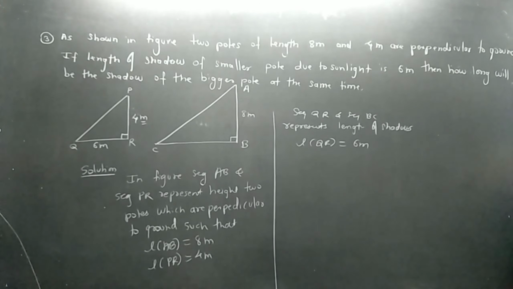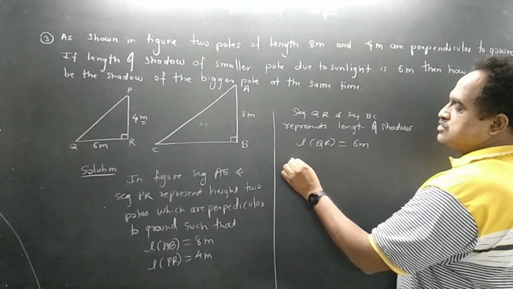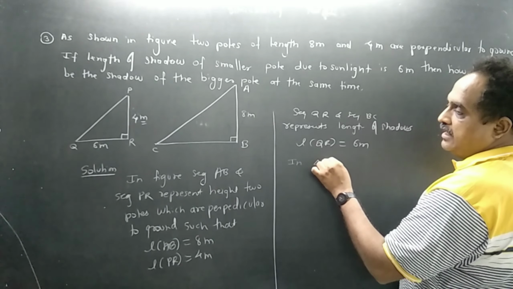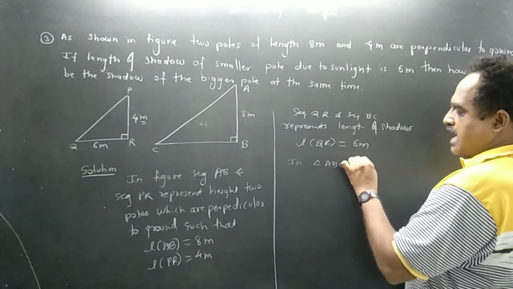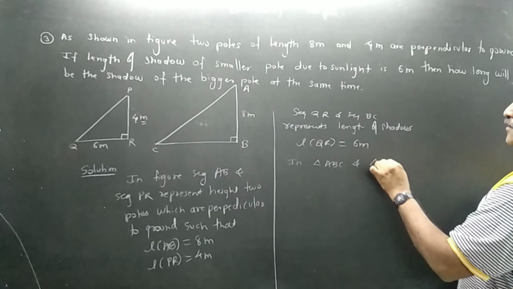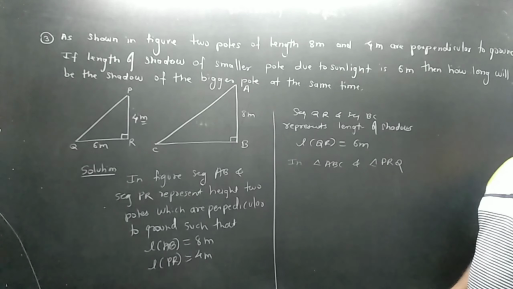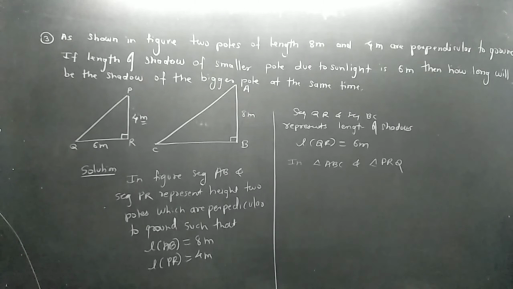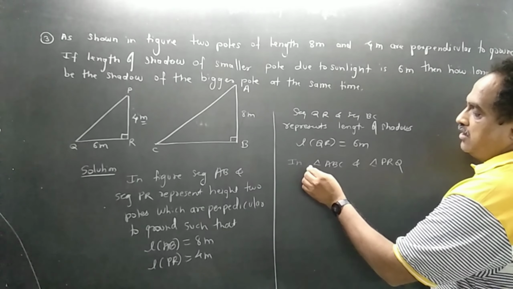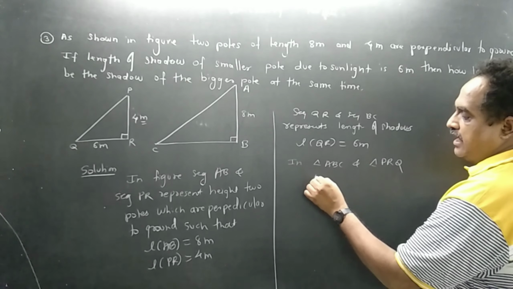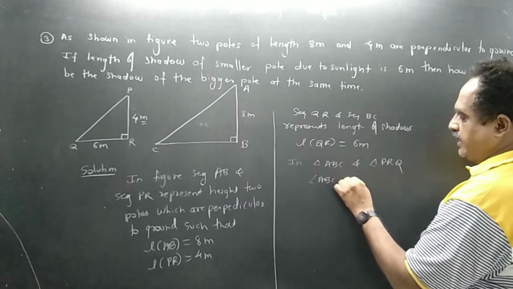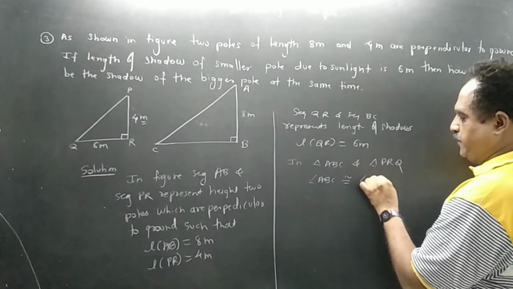So when you are going to prove these two triangles are similar, which triangle are you going to consider first? So we are going to write: in triangle ABC and triangle PRQ, angle ABC is congruent to angle PRQ.